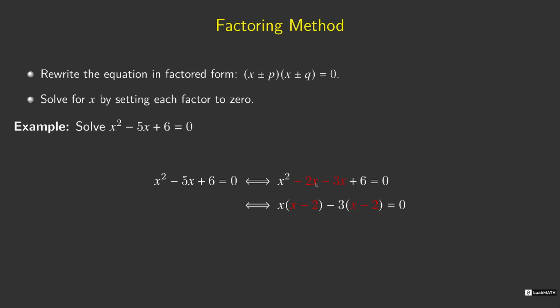Therefore, I can take out an x, which is what I have right here. If I take out an x here, it would mean I have x left over. Now the second term, I take out x, what is left over is minus 2. So you can see these two terms become x times (x minus 2).